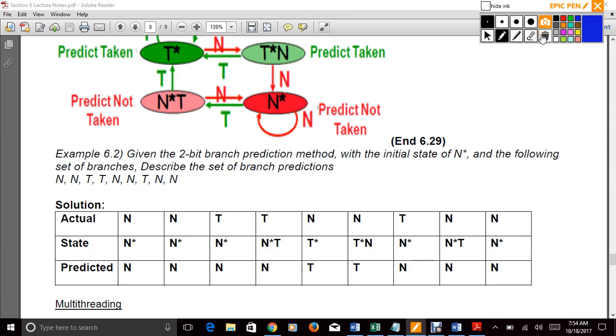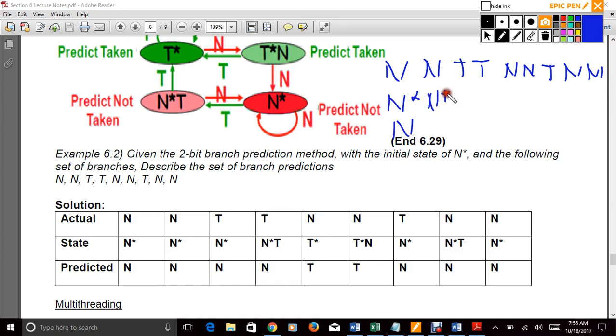So this one would be n, n, t, t, n, n, t, n, and n. So if you're starting at n star, you're at state n star, and you're going to predict no. Well, it turns out you're not actually taking it, so you're going to be at n star again, and you're going to predict no. Well, it turns out here that you're supposed to take the branch.